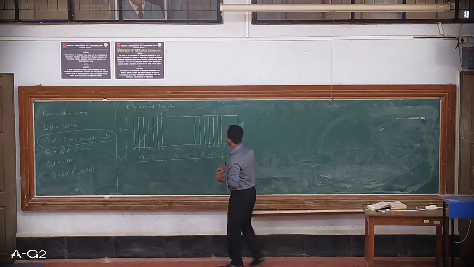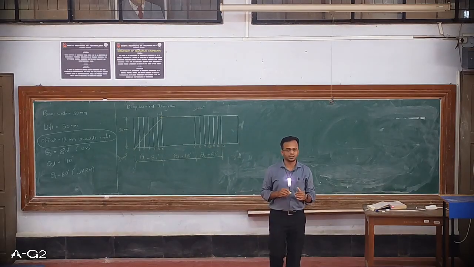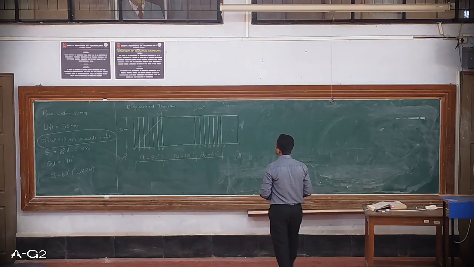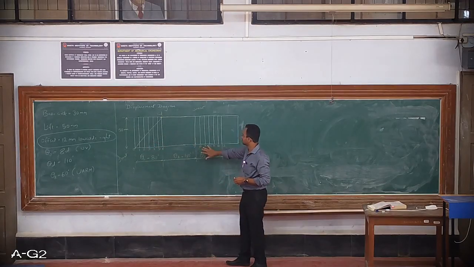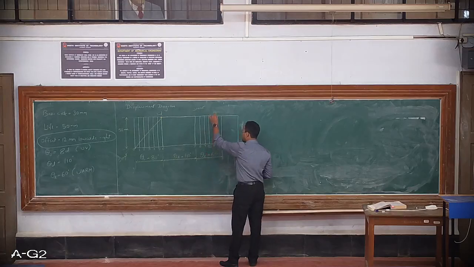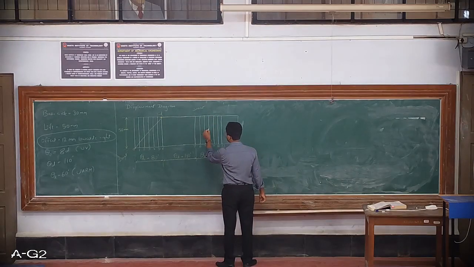You will have to divide this line number 10 into 6 parts vertically. Why 6 parts? Because we have taken 6 parts in the rise stroke as well as 6 parts in the return stroke. That's why I am using that 6 divisions everywhere. So I have located the middle line, that is line number 10, and this line I am going to divide into 6 parts vertically. So let me show the marking over here.